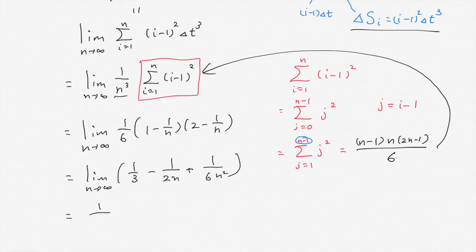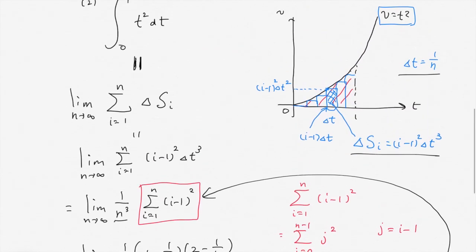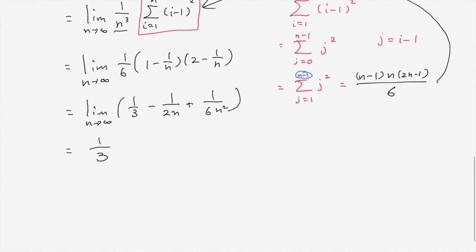It becomes 1 over 3. So finally, we discover the area under this curve is 1 over 3. So the answer to the second question is that the integral of t squared dt is 1 over 3. This is the answer to this question.